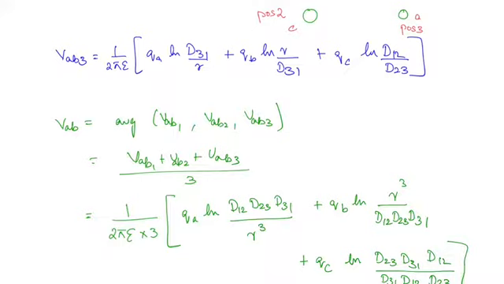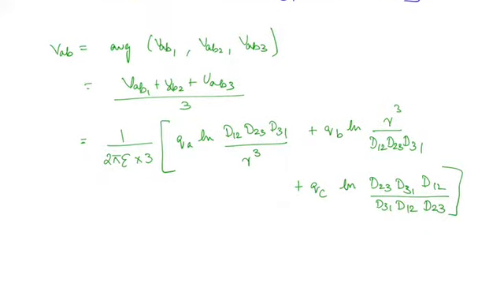Now you can see here this numerator and denominator is one and the same. So this entire term is going to become ln 1, which is 0. So this term is going to get cancelled. And this 1 by 3 term that we have taken out common, we will take inside the logarithm, so this whole thing will be to the power 1 by 3.